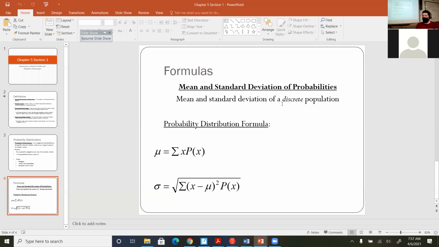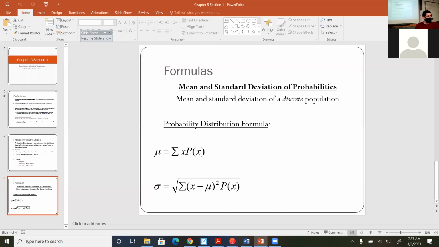Now the first formula is the Greek symbol mu. Again, that is for a population mean, and the only reason it's a population is because the formula up here says it was for a discrete population. We're going to take every output and multiply it by the probability of that output occurring, do that with every single output, and then add them together.